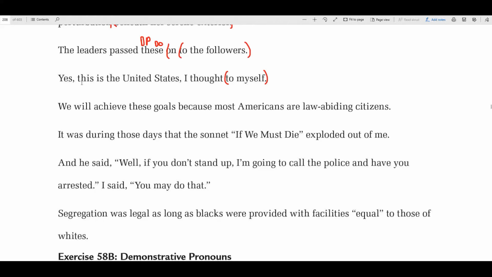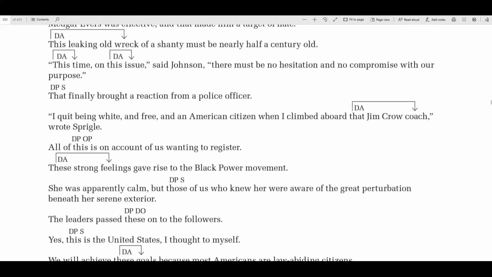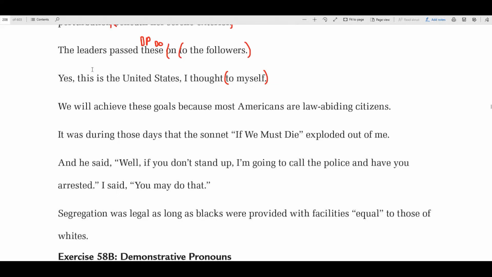Okay, who or what is this? Yeah, it's a subject. Because this is your verb, who or what is this. So that one, I guess, was pretty easy. So that'd be a DP, demonstrative pronoun acting as a subject.